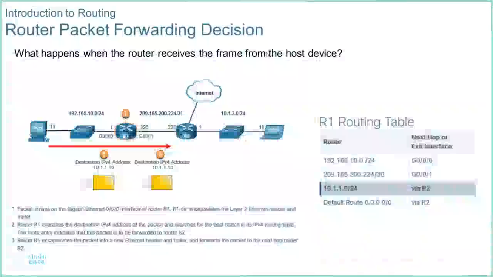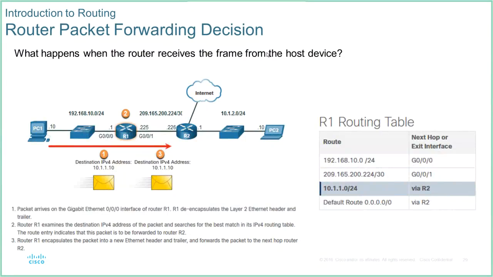We're almost finished the first section, so it's almost cover time. Forwarding decisions. So the way it works, I'll hopefully make it a little bit clearer in this one. So we are sending a packet of information from our PC1 to our PC2. So we want to connect to this device over here.